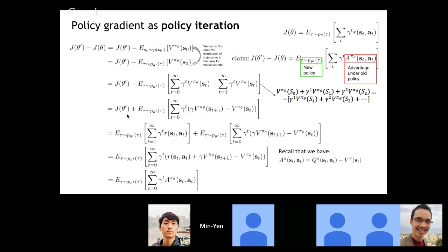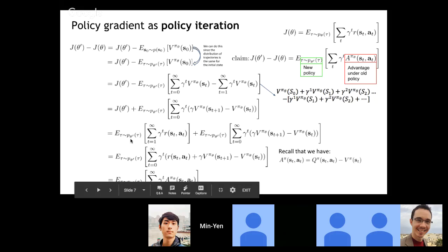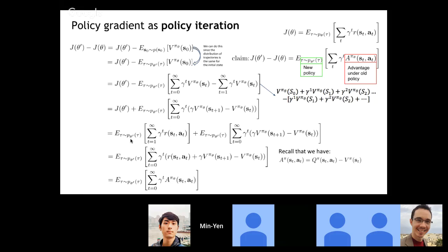And if we expand the J theta, it's the same as the expectation under theta prime for trajectory tau of the reward, right? Same as the original equation of the total reward that we're going to achieve. And then we can combine these together because they're under the same expectation for the same trajectory, which is this new theta prime.